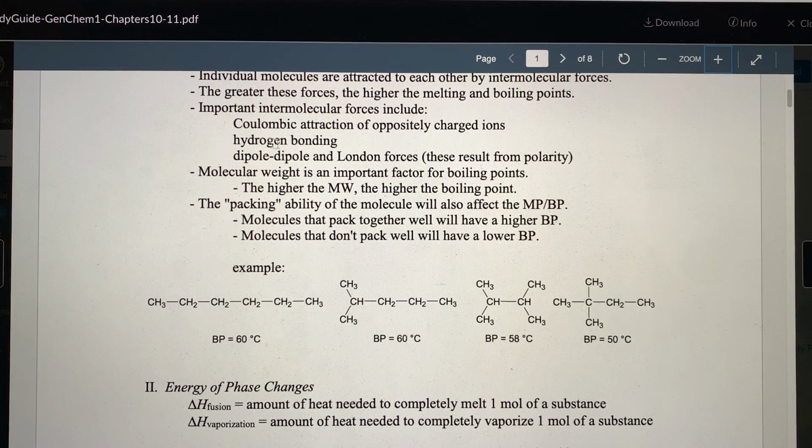If the compound is special, like water, with OH, NH, and HF, then it's hydrogen bonding, like alcohol and water. If a compound is polar, we call it dipole-dipole. And finally, if the compound is nonpolar, like this one right here, we call the force London force or dispersion.